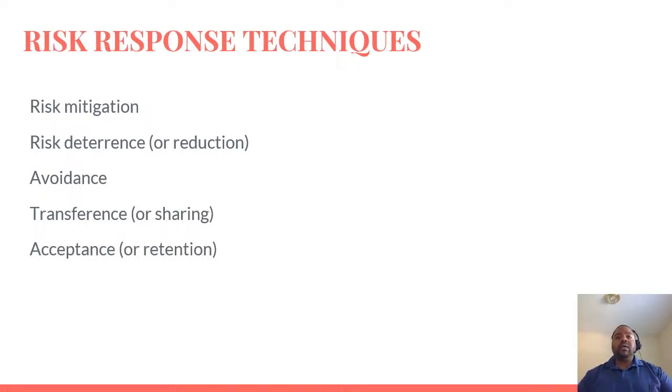So risk transfer is kind of like accepting the risk, but if any damage is done, you can fall back on another company. Think of it as insurance. So you have technical insurance, where if any kind of damage comes to your equipment, then you can fall back onto an insurance company to replace the equipment.